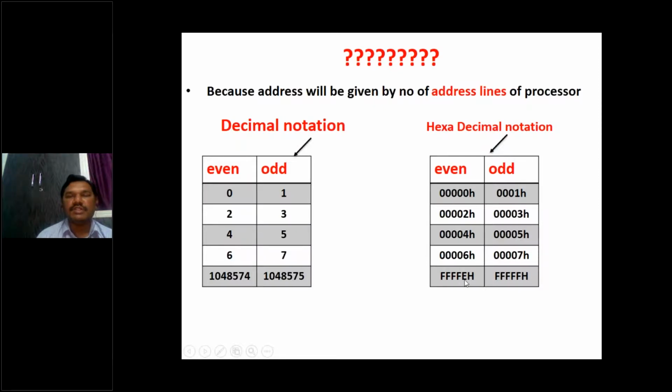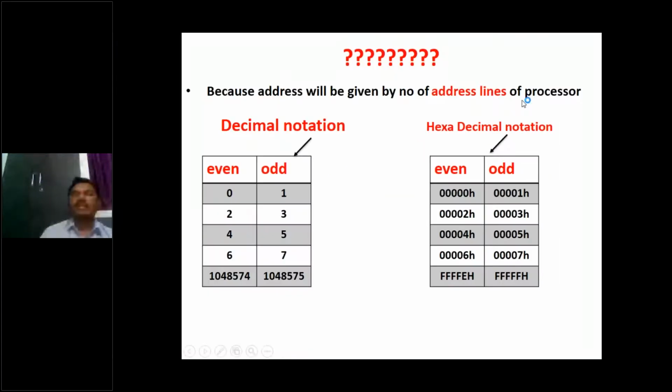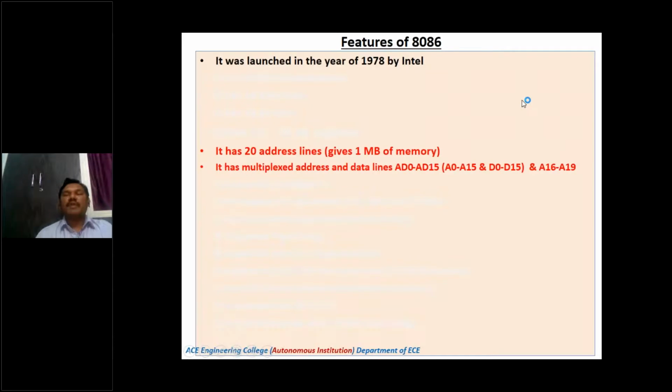In hexadecimal notation, 00000H to FFFFEH are even addresses, and 00001H to FFFFFH are odd addresses. This is hexadecimal notation and that is decimal notation, because addresses are given by the number of address lines of the processor.